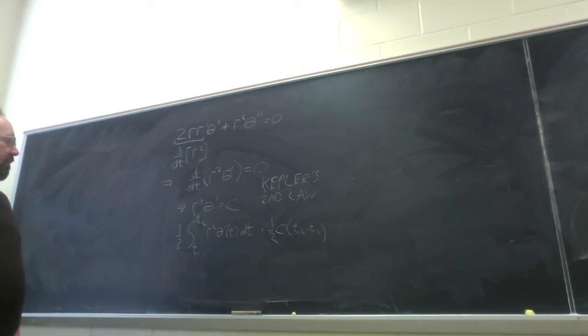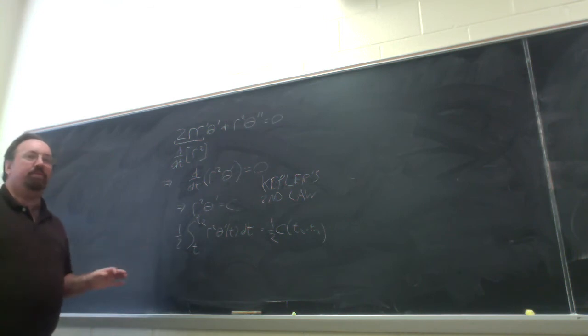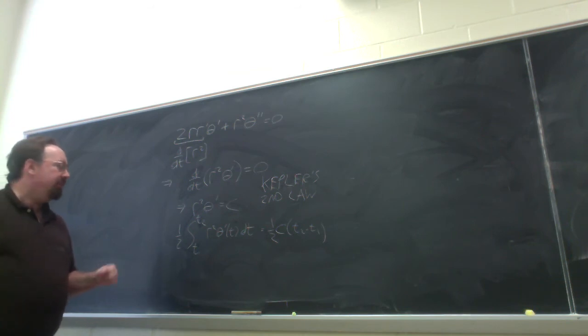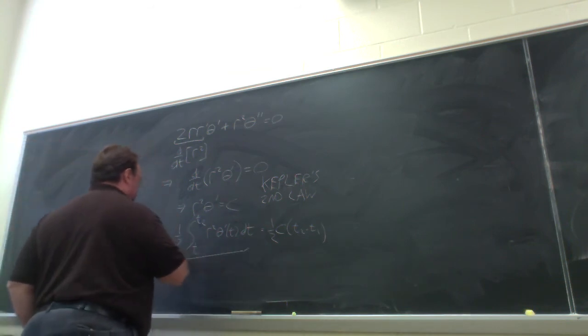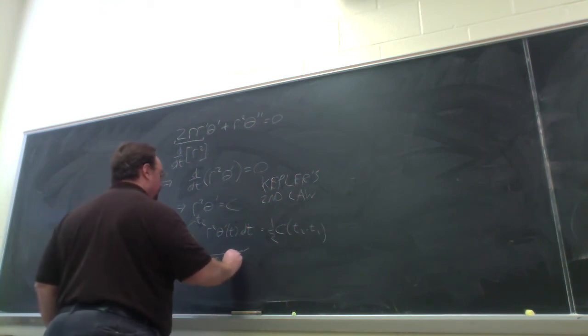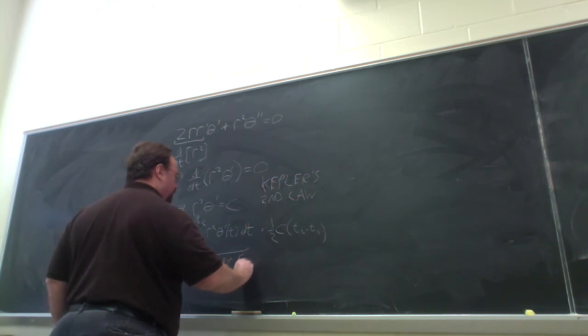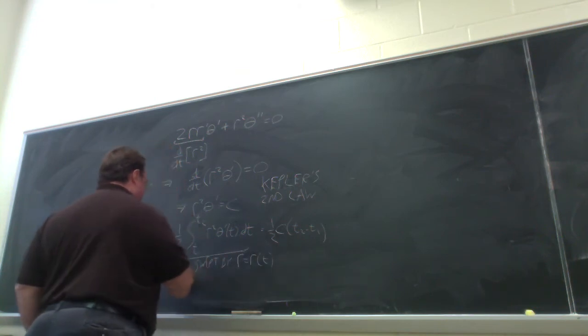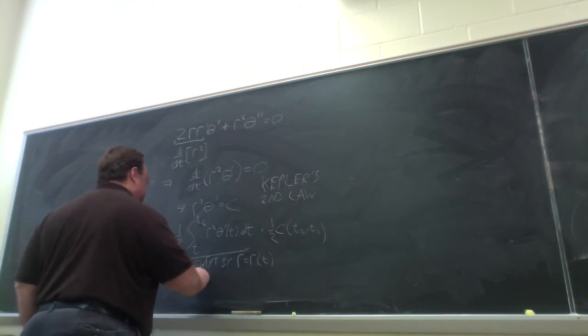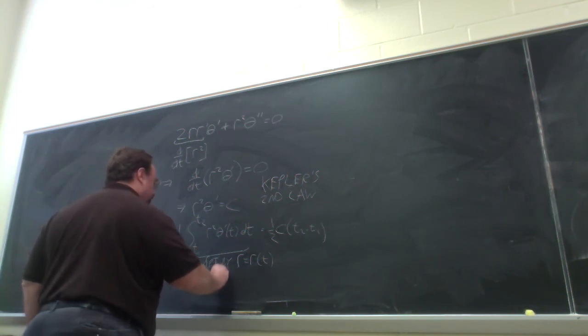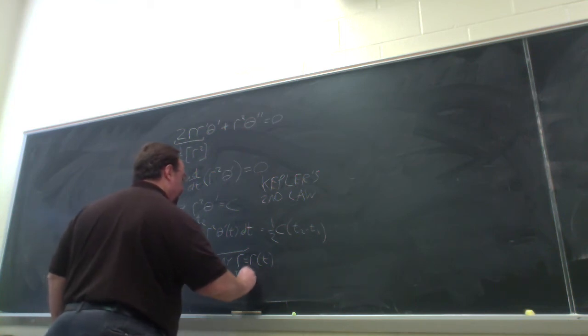Now, this kind of integral you've seen before, but not lately. It comes up in Cal 3. This is the area swept by a function r equals r of t, from between the angle theta of t1 to the angle theta of t2.